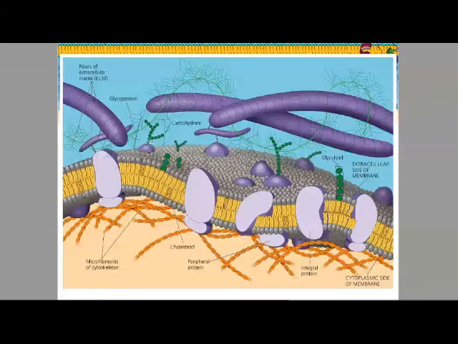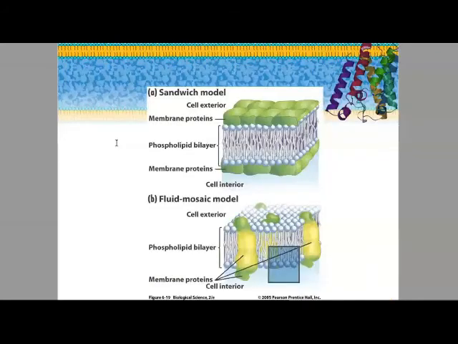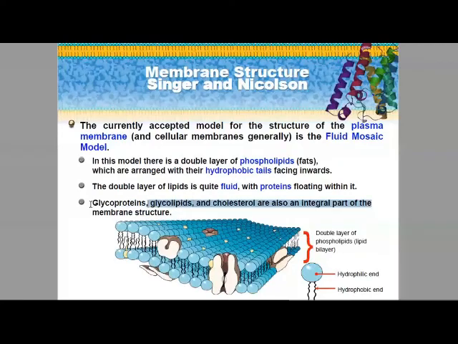Okay, this is the way the fluid mosaic model looks, or should look. You can tell it's complex. It has a heterogeneous composition. Besides the phospholipid bilayer and the proteins, there are some other molecules, guys. There are some other proteins that could be attached to a carbohydrate, or have a carbohydrate attached to their structure, and these are referred to as glycoproteins.